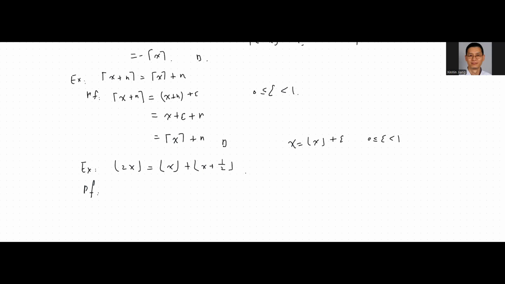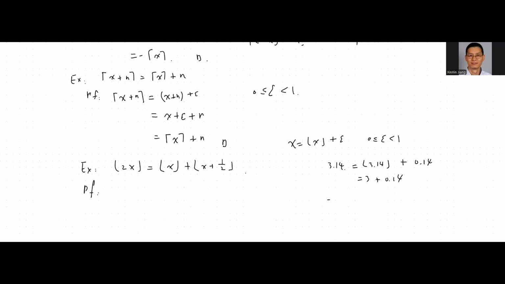Oh, by the way, you can check how to get this epsilon. For example, you have 3.14, then the floor, of course, is just 3, and epsilon is 0.14. So you have 3 plus 0.14. That's no problem. If you have a negative number, that's a bit tricky.